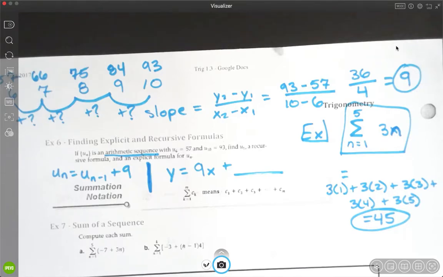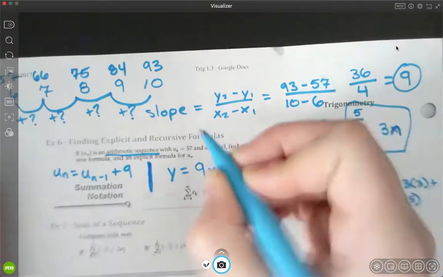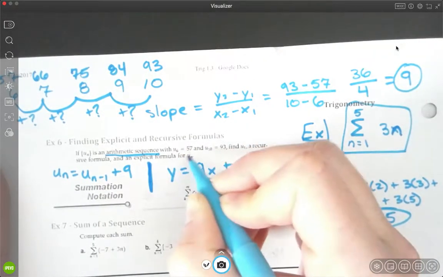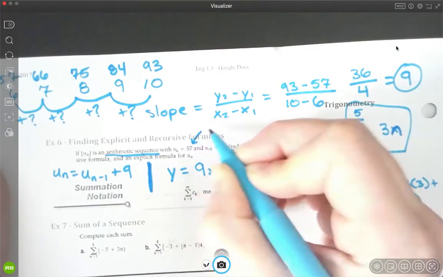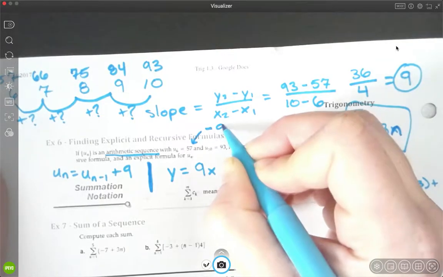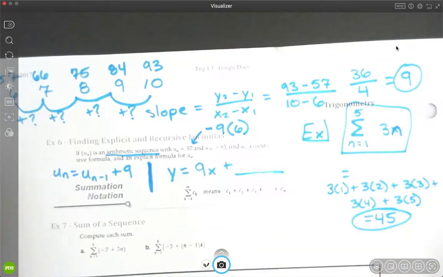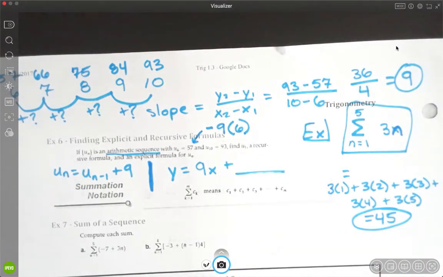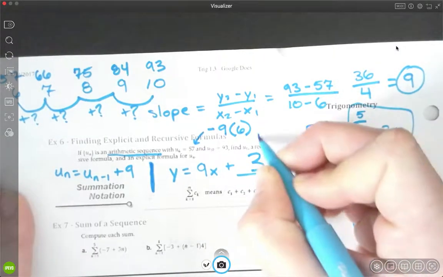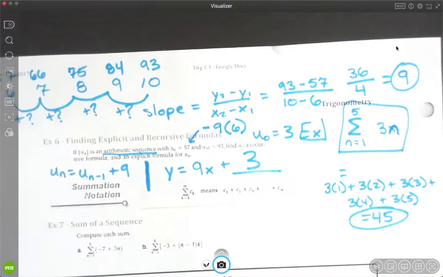You're going to 0, so it is exactly 6 times. So I need to subtract 9 6 times from 57. So basically take 9 times 6, which is 54, and subtract that from 57. 3. 3 is what u sub 0 is. U sub 0 is 3, yeah?